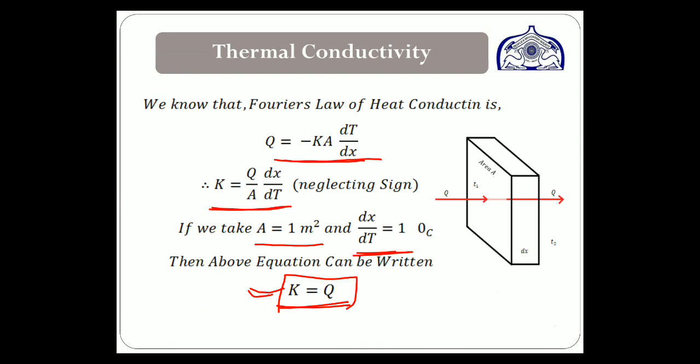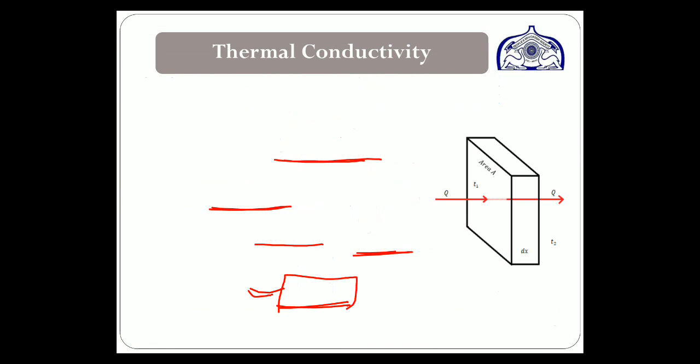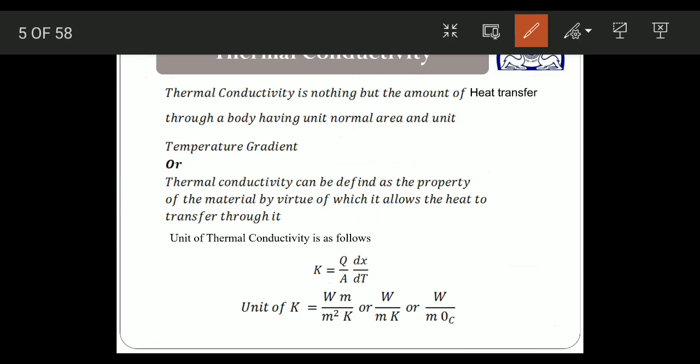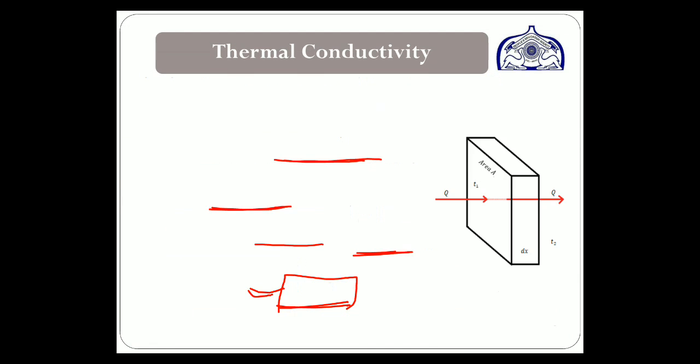Now let us define thermal conductivity in detail. What is thermal conductivity? Thermal conductivity is the amount of heat transfer through a body having unit normal area and unit temperature gradient, according to this mathematical expression.